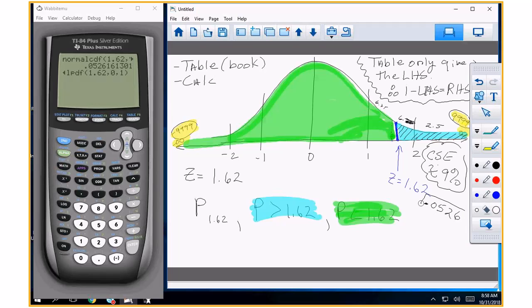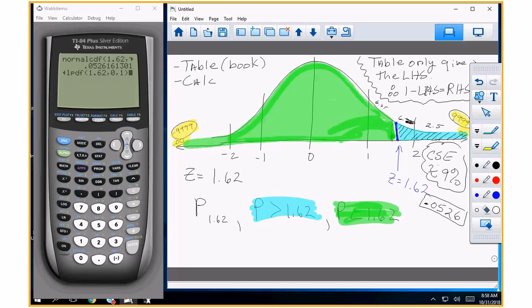0.0526. Everybody with me? Now, what if I wanted to know the left-hand side? Well, it'd be $1 minus 0.0526, well, $1 minus 5 cents would be 95 cents, so it's going to be 94 cents. So 0.94 what? 0.9474.